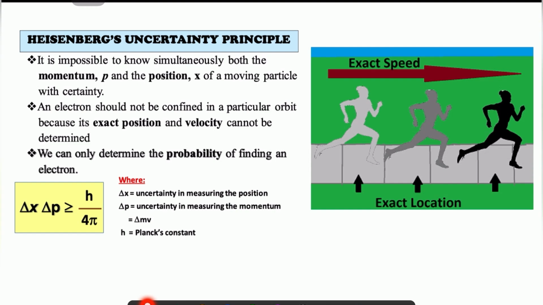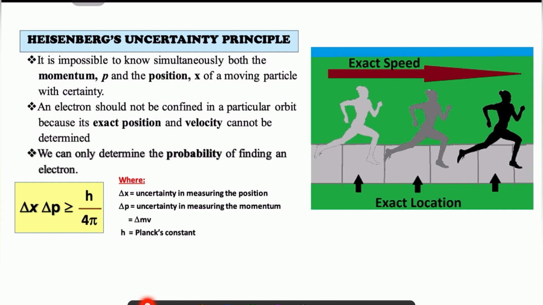In order to know exactly where you are, you will have to stop. However, if you stop, then you can't measure how fast you are running, because at that moment you are not actually running.